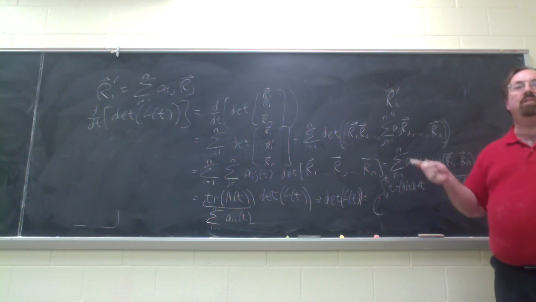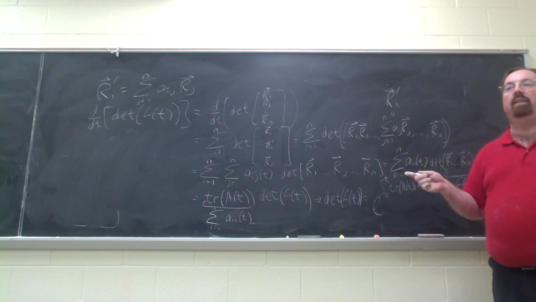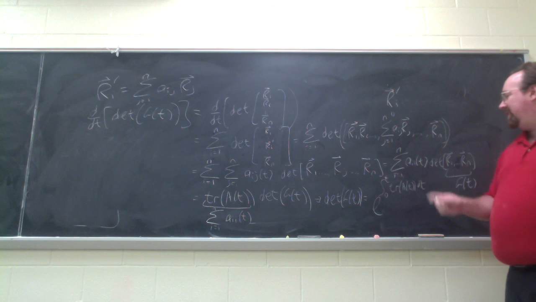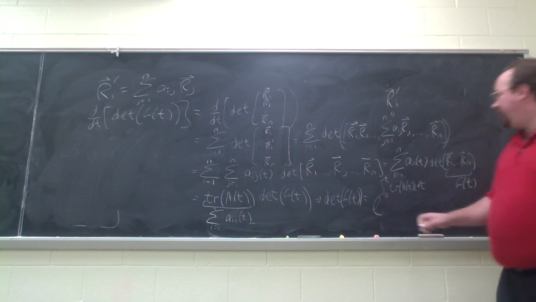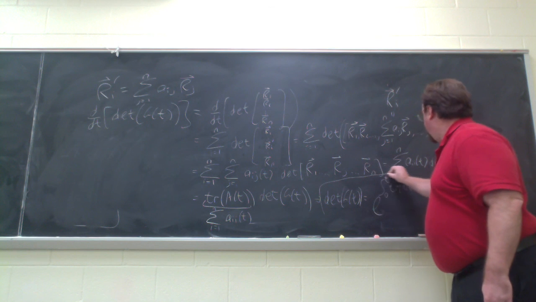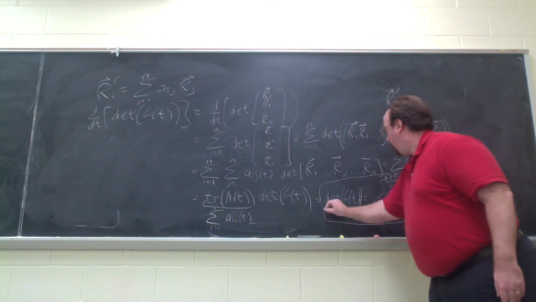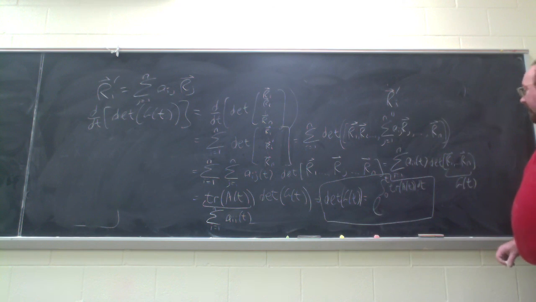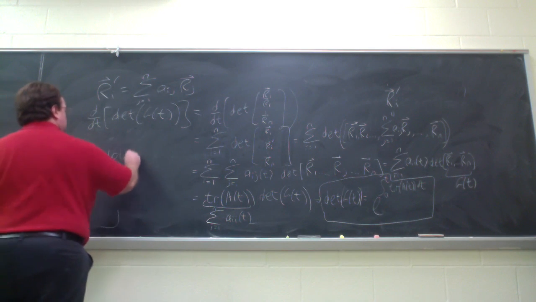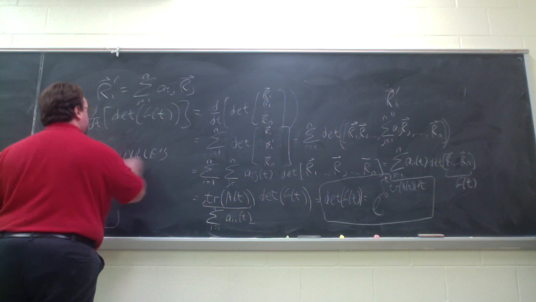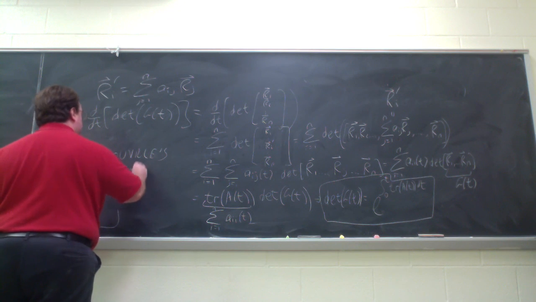But what is g of 0? The identity matrix. So the determinant of g of 0 is just 1. So this is it. This is the formula for the determinant. And this has a name. It is called Liouville's formula. Not Louisville, Liouville.